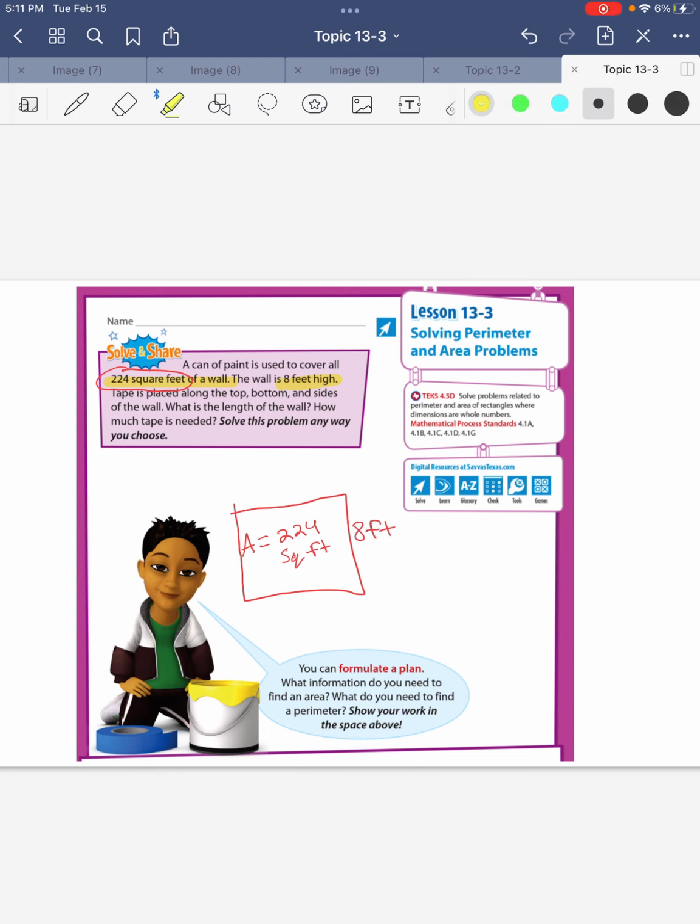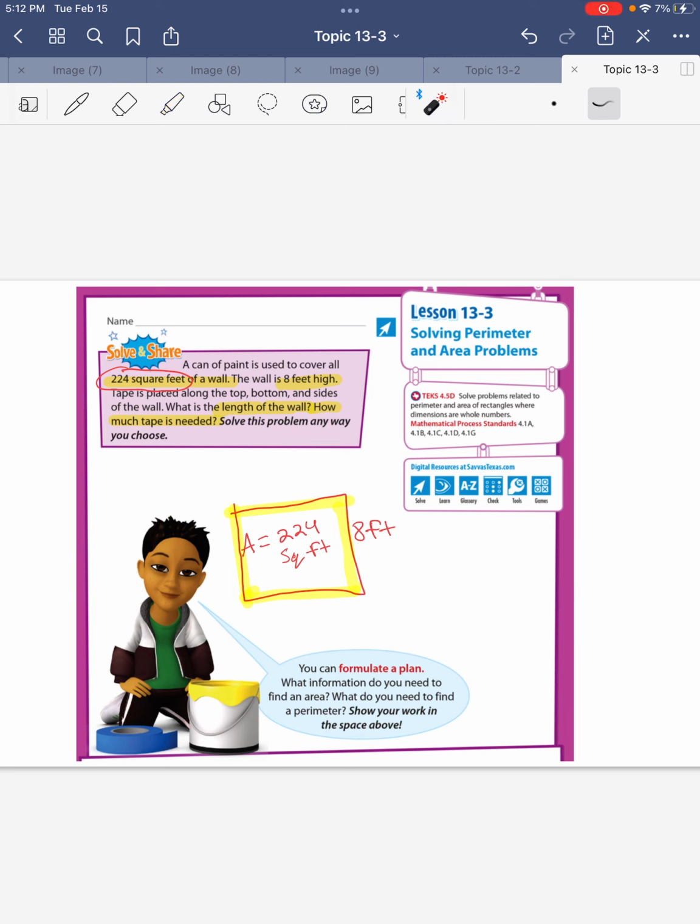Then it's saying, tape is placed along the top, bottom, and sides of the wall, okay? What is the length of the wall? And how much tape is needed? Okay, so they're telling me that there's tape on the top, on the bottom, on the sides of the wall, okay?